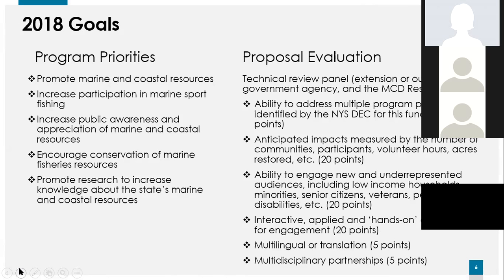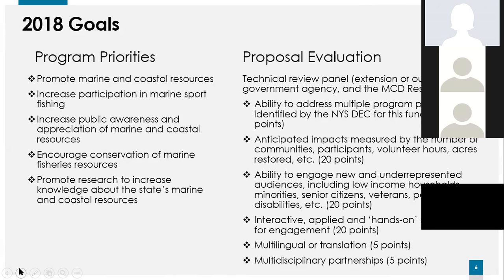That carries a maximum of 20 points. The ability to engage new and underrepresented audiences, which has been identified by the MCD board as being comprised of low-income households, minorities, senior citizens, veterans, and persons with disabilities, etc. This carries a maximum of 20 points.